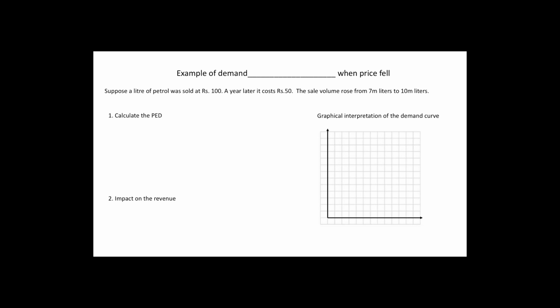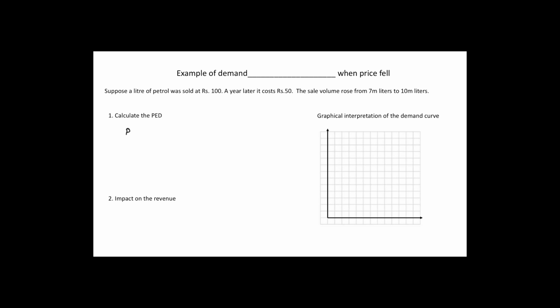All right, so in this one, they're saying suppose a liter of petrol was sold at 100 and then the price falls down to 50 and the sales volume rose from 7 million liters to 10 million liters.